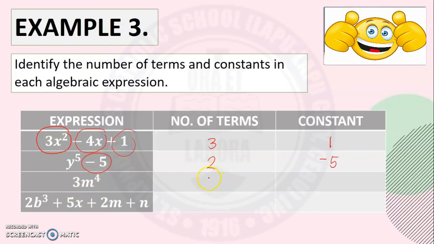This has only 1 term, and there is no constant, so we will just write 0. Last is 2b cubed plus 5x plus 2m plus n. This has 4 terms and there is no constant, so we will write 0.